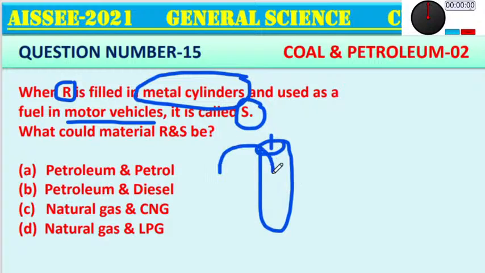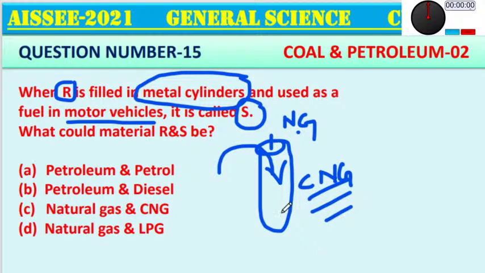What we fill in the cylinder is natural gas, and it is called CNG, compressed natural gas, because we first compress it and then fill it in the cylinder. That's why it is called CNG, and it is natural gas.